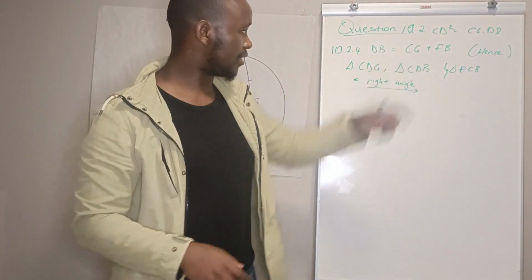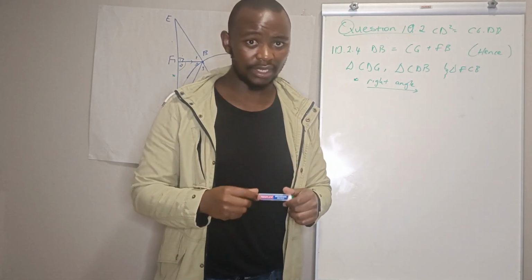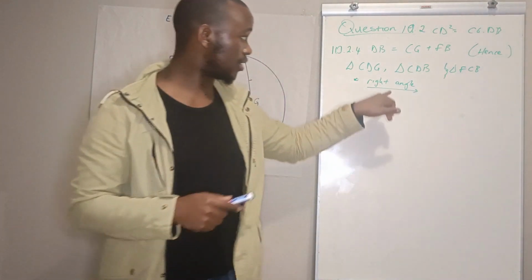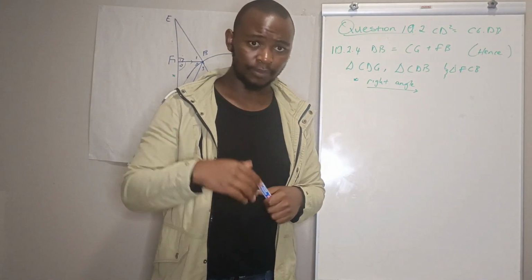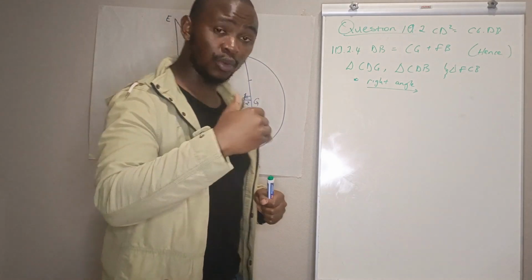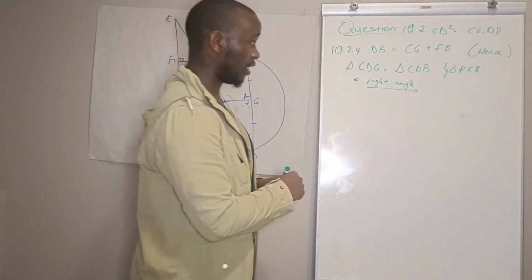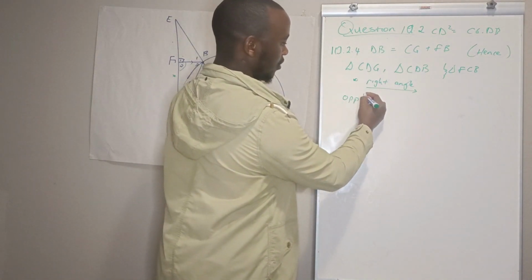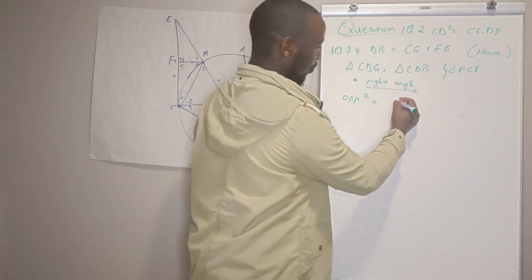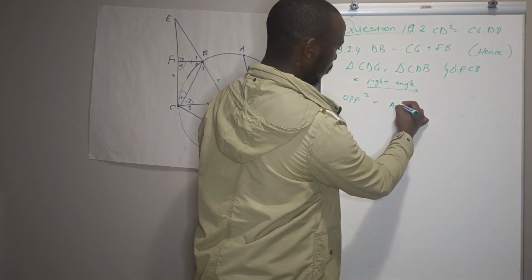But here there is an addition, and the only way you are going to form this addition is if you use the fact that there's a right angle. And for right angles, we know that we have the rule for right-angled triangles, in that the opposite side squared equals the adjacent.